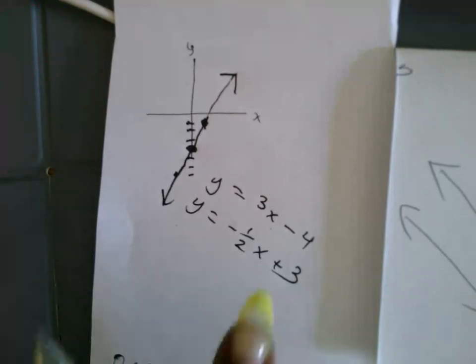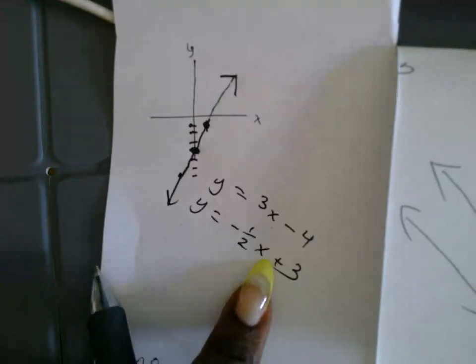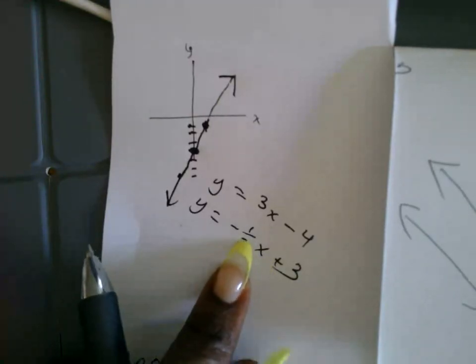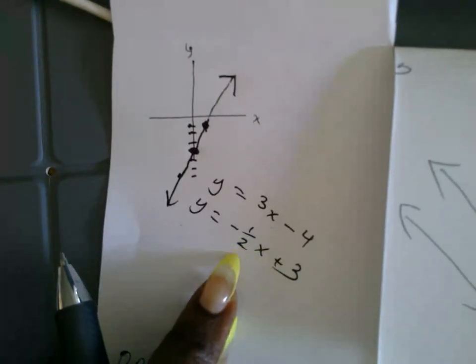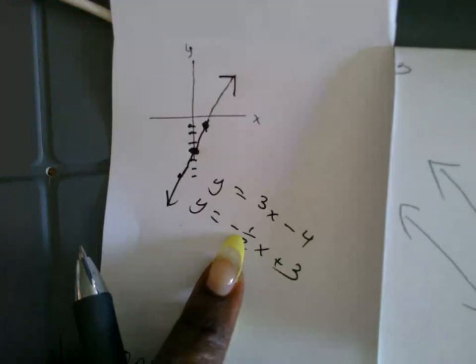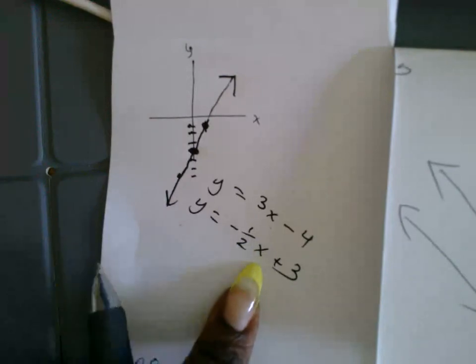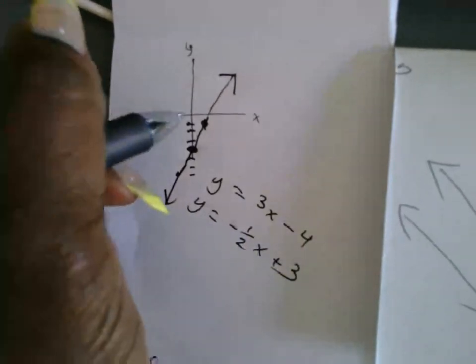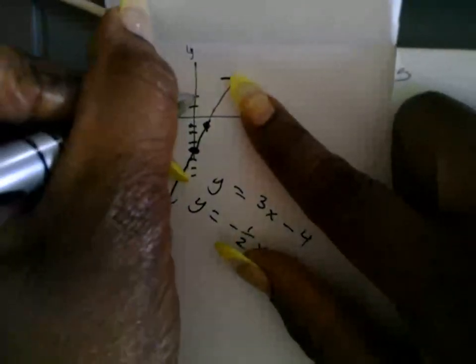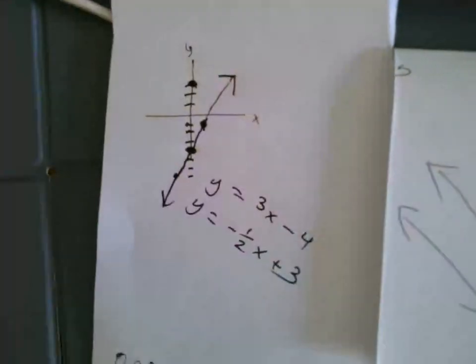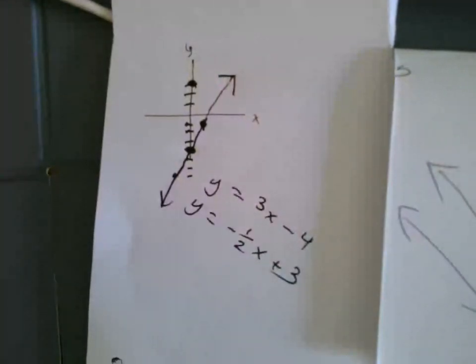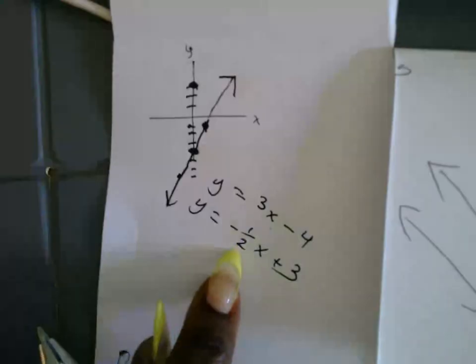The second equation, you have $3 and you're losing $1 every 2 days. You're either losing $1 every 2 days or you are losing 50 cents a day. So you're going to start out with $3. And then from that point, you're going to plot the slope, which is negative 1/2.